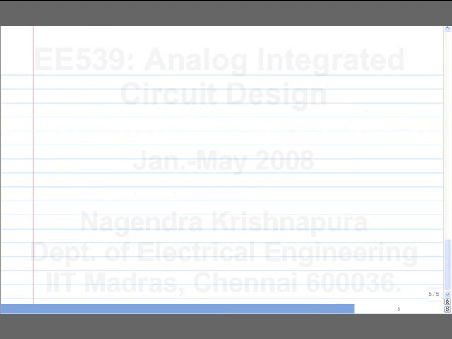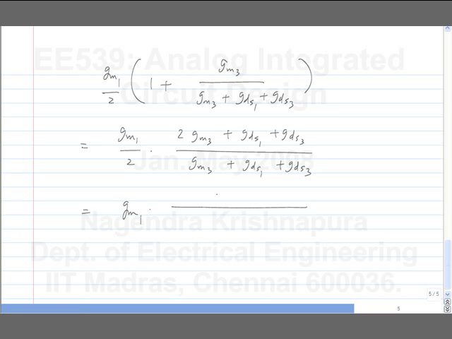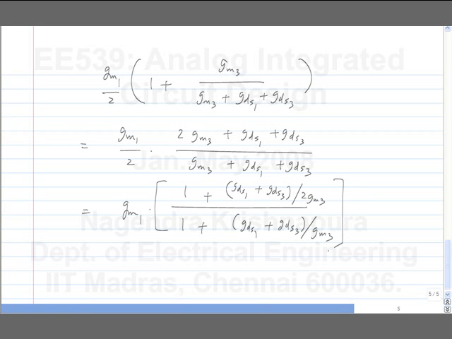So in presence of GDS, the transconductance is GM1 times this whole thing, which is close to 1 but not exactly 1.